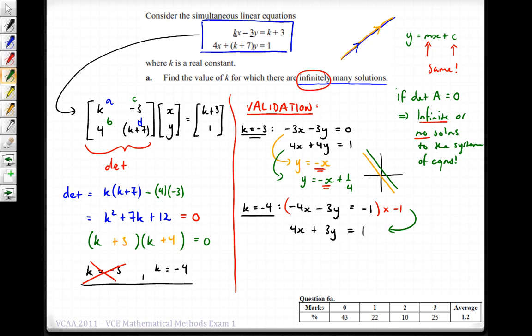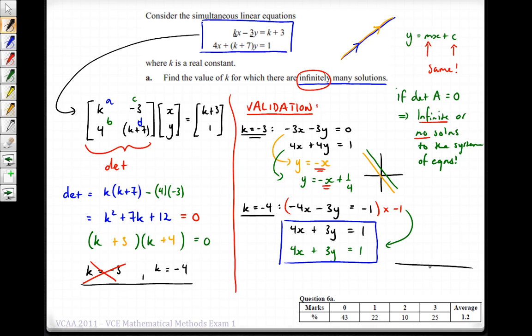So they have the same equation. So actually I'll write it below just so you can see. So -4 by -1 is 4x. -1 by -3 is plus 3y. And -1 by -1 equals 1.